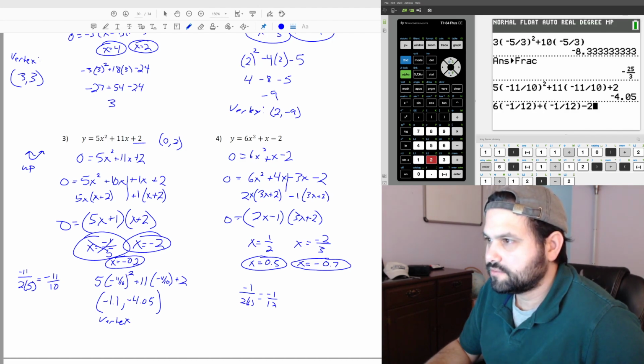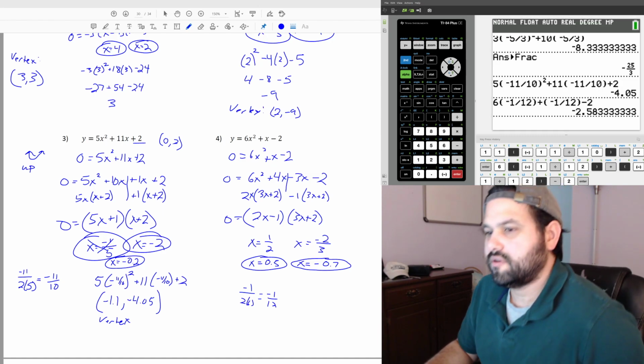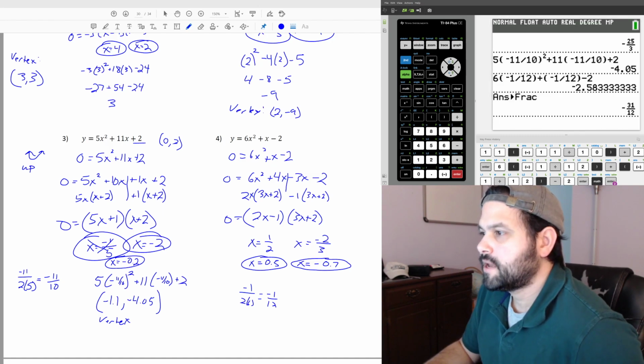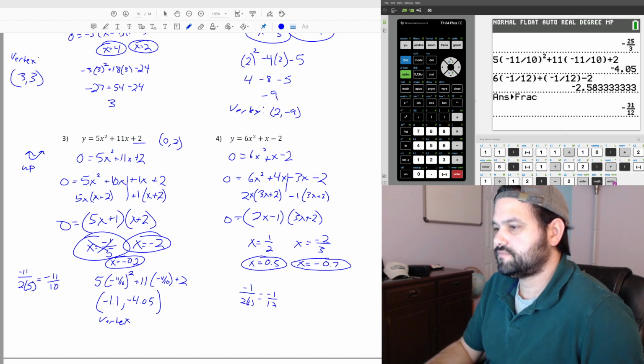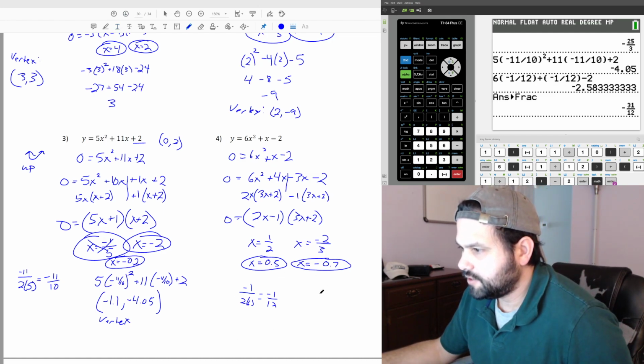Or is it plus 2? That's minus 2. Okay, and we get negative 2.58333 and negative 31/12. Okay, so negative 1/12, negative 31/12 is my vertex.